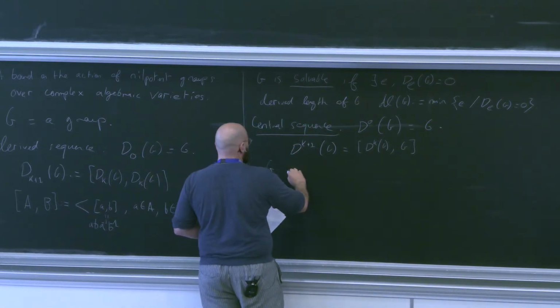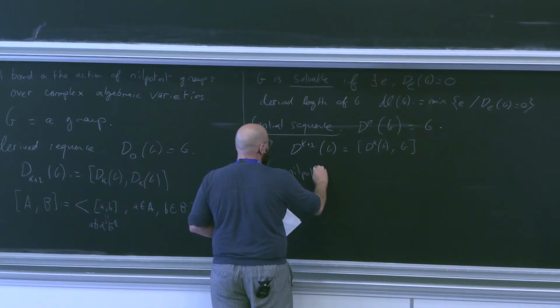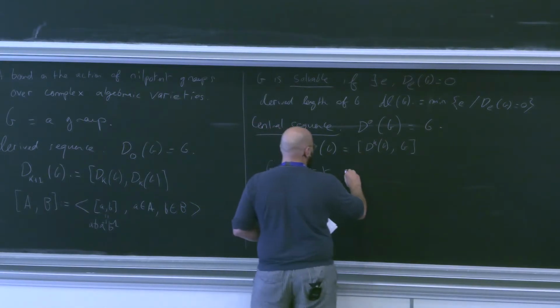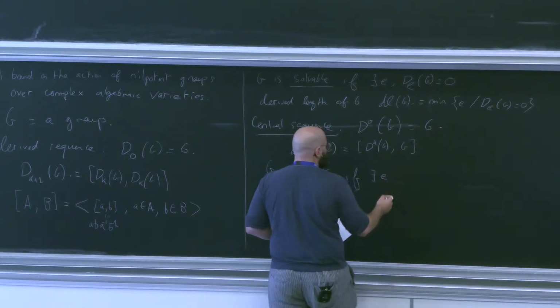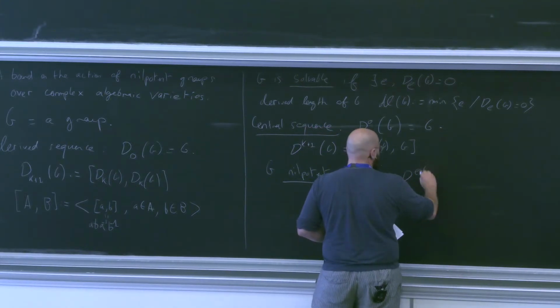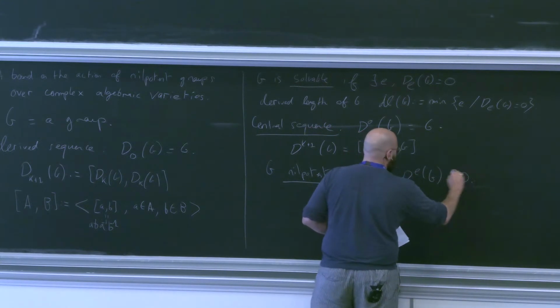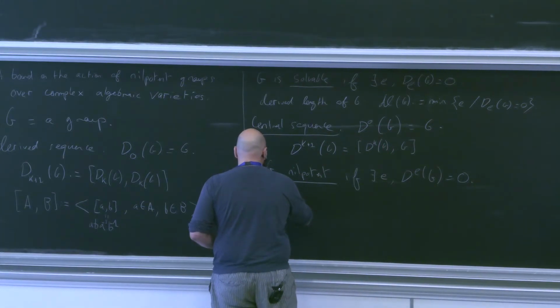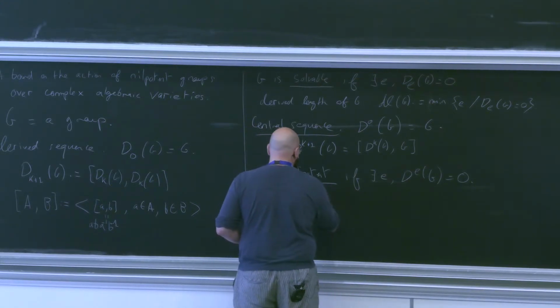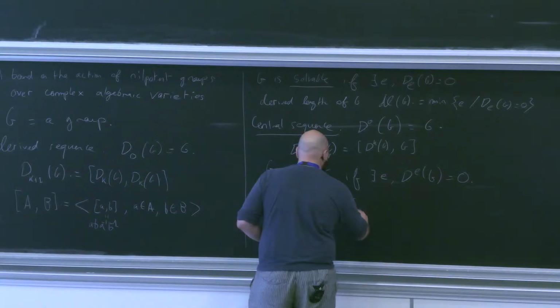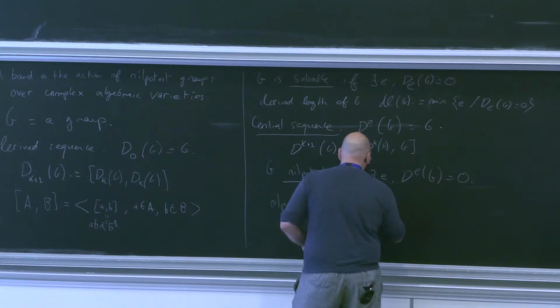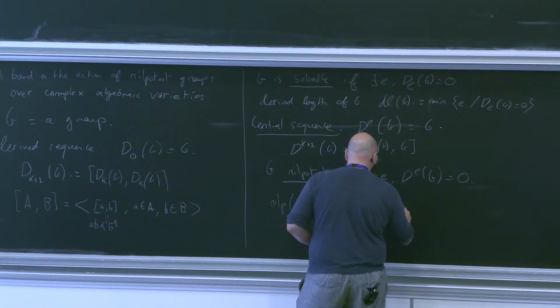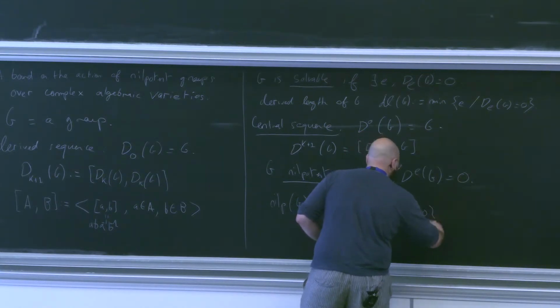And G is nilpotent if there exists a time when the sequence stops. Okay, and we define the nilpotency class, nilpotency index, to be the first time where the sequence stops.